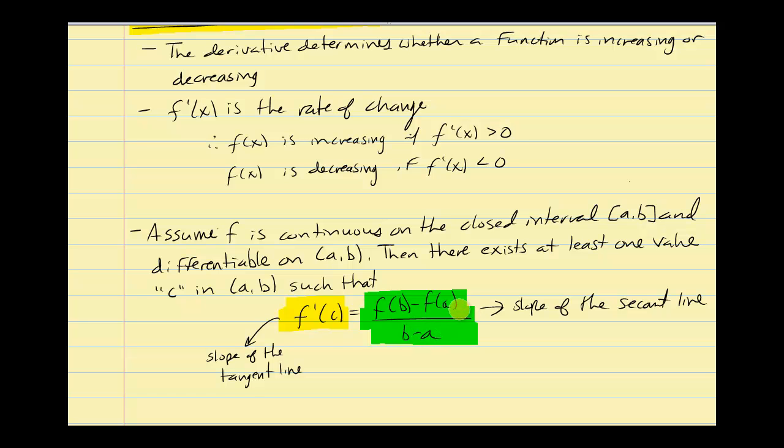We worked at this toward the beginning of the semester. This is the slope of the secant line. So what this is saying is there's some point C where the slope of the tangent line and the slope of the secant line are the same.